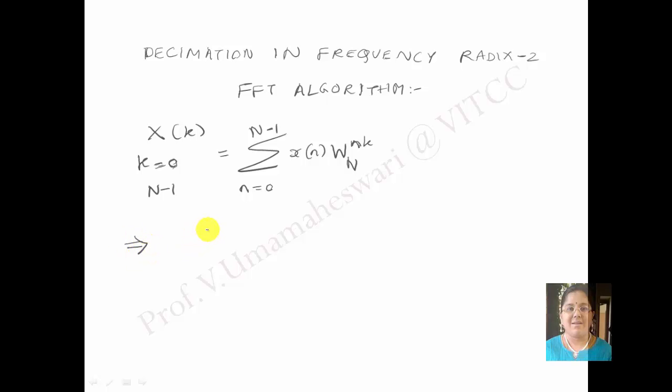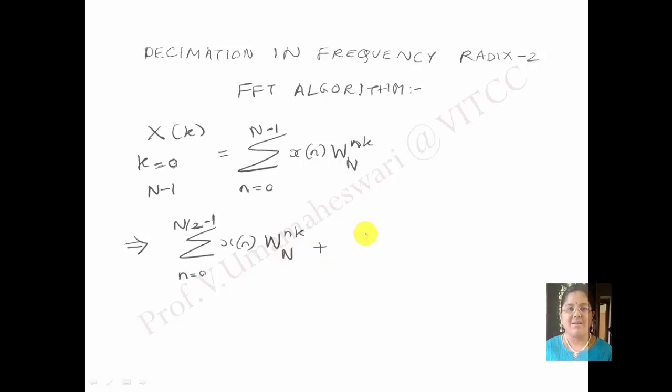Now we are going to collect the first N by 2 terms separately and the next N by 2 terms separately. Unlike the even and odd samples, we are going to collect the first N by 2 separately and the second N by 2 terms separately.